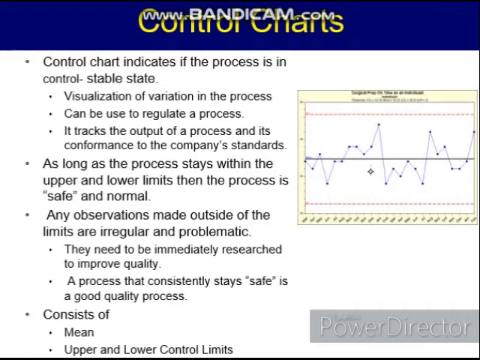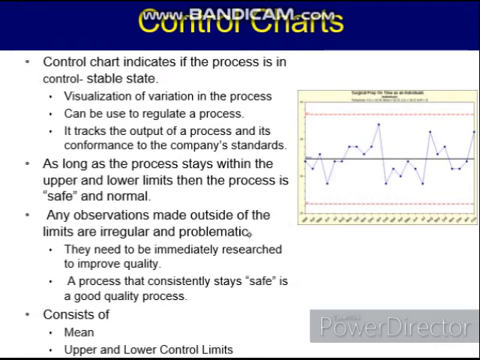If you see that, you need to take immediate action to identify what's wrong with it, and take corrective actions to make sure that the process falls within the upper and lower control limit again.